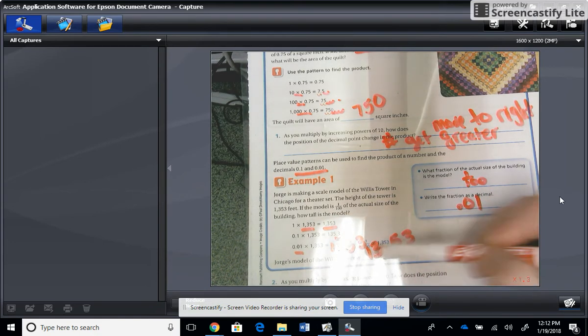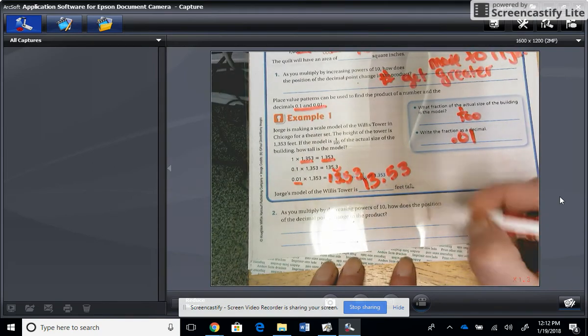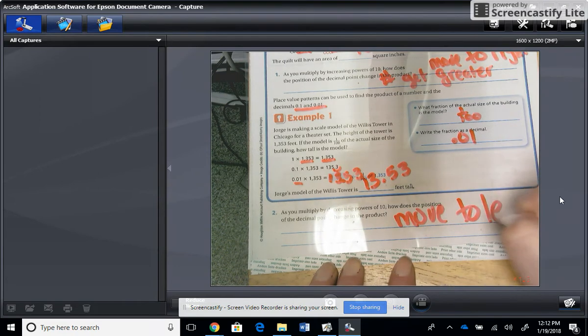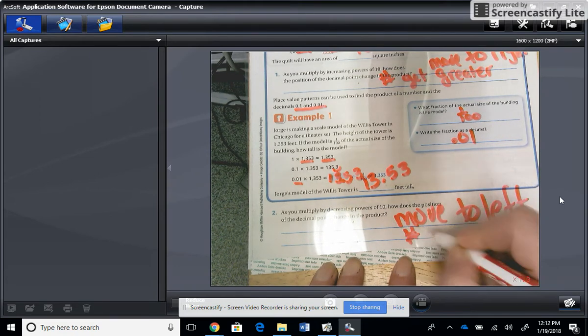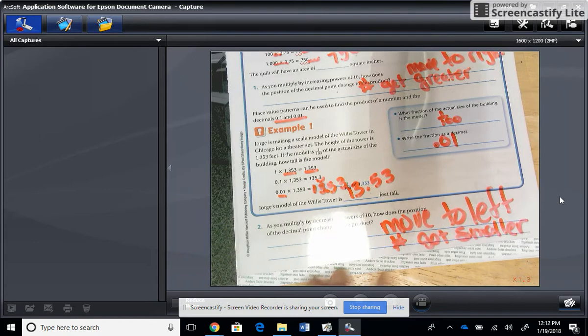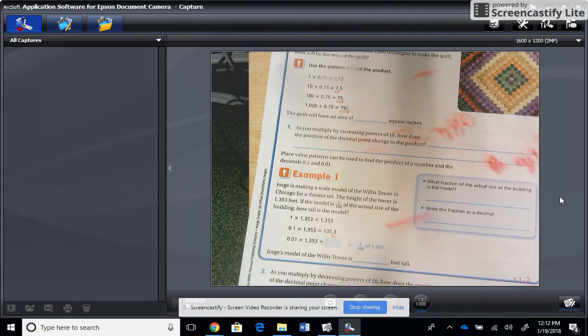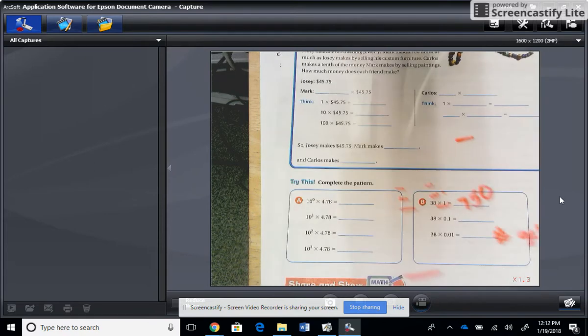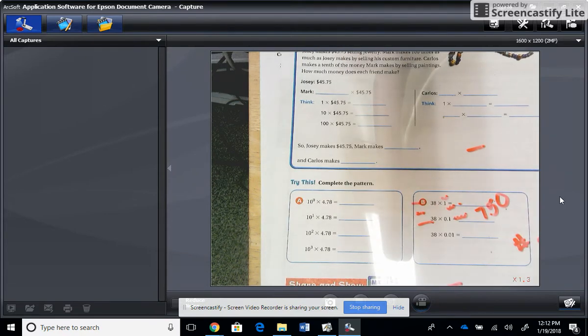Notice how my number got smaller. So how did it change down here? My decimal moved to the left, and my number got smaller or less. All right, so I hope that's kind of sinking in, which way we have to go.